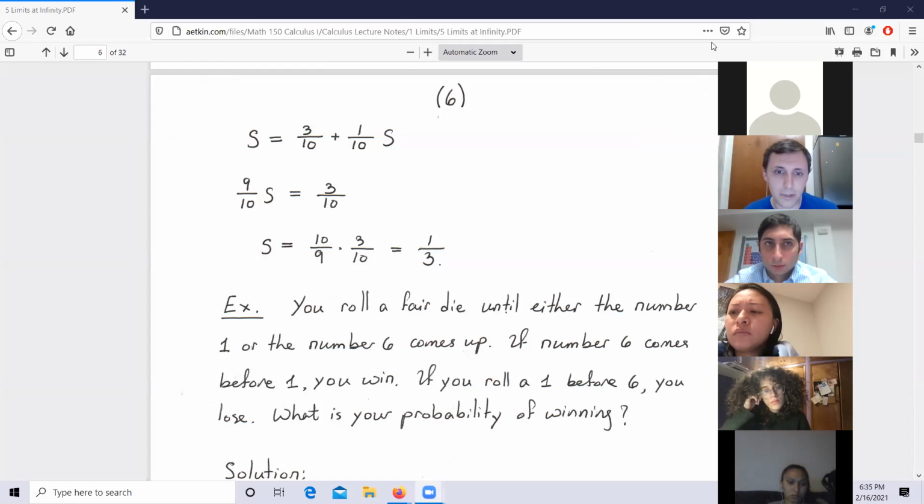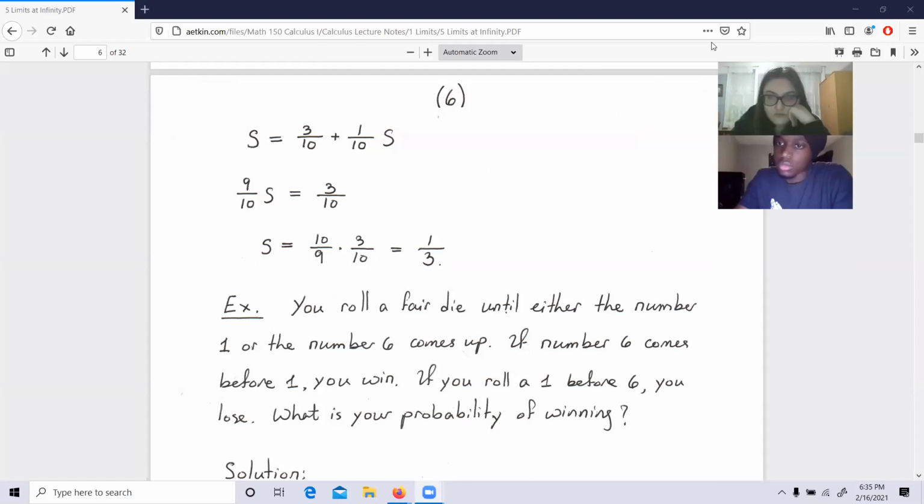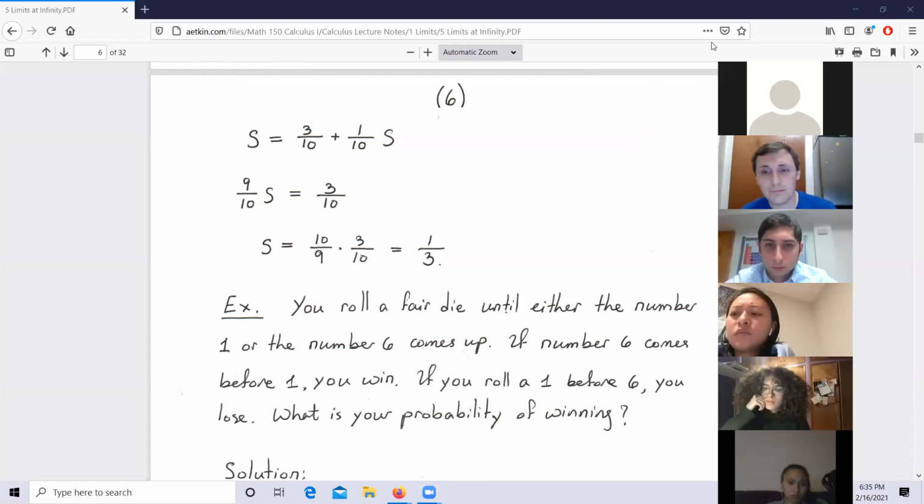Okay, Brianna Lopez, you think it might be 1/2. Okay, thank you. Grant, what about you? All right, let's see what the solution is. 5/6. Oh, 2 people. Okay, interesting.